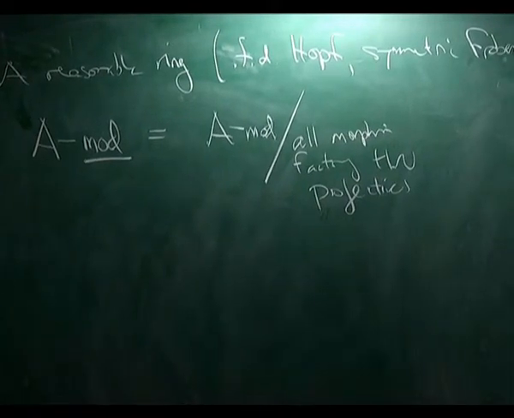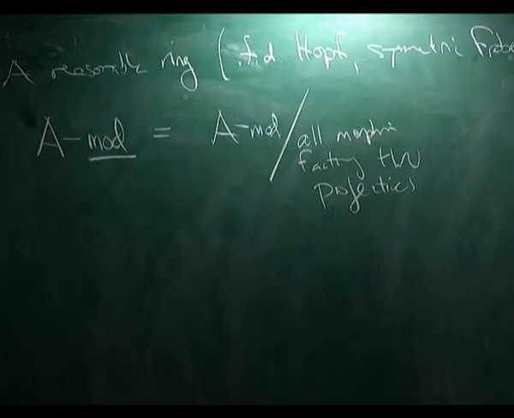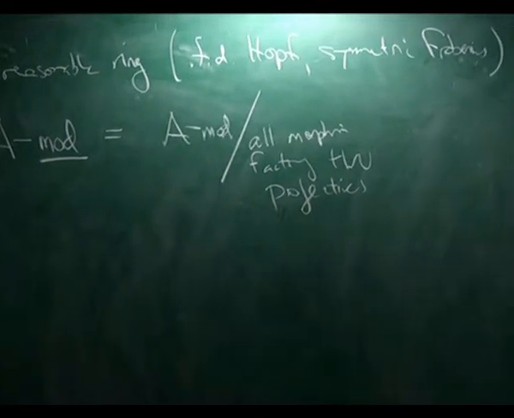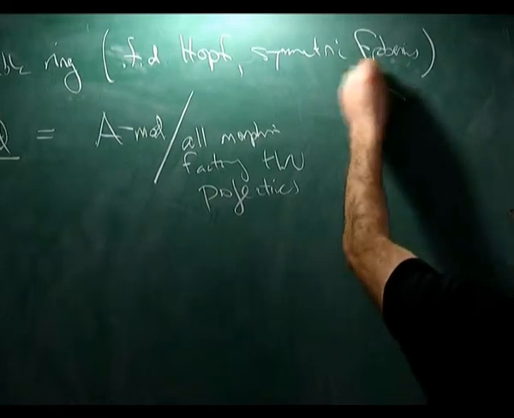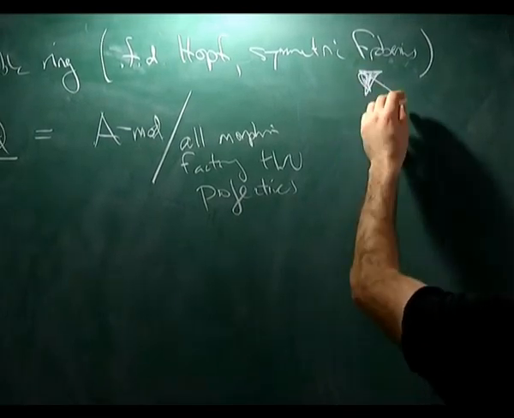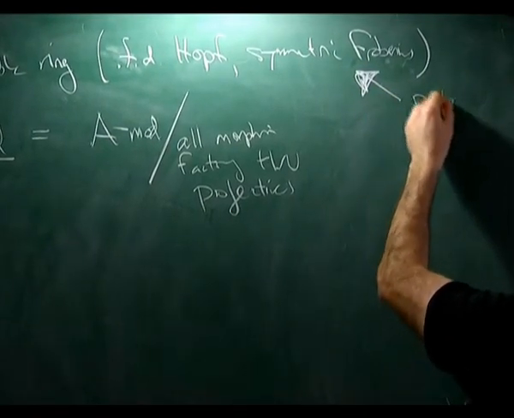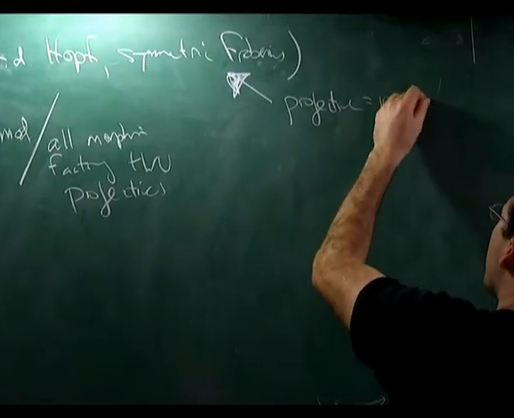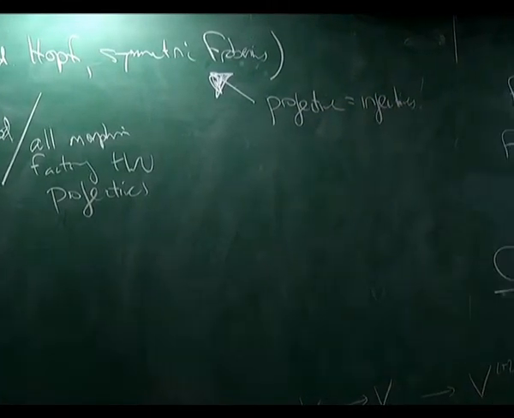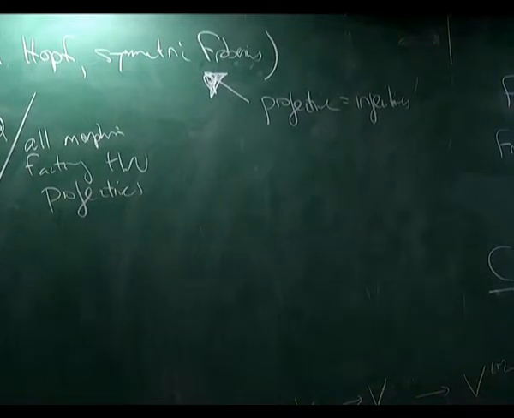This is a weird thing. Why would this work? One of the reasons that this setup is nice is that whenever you have an algebra of this form, projectives and injectives are the same thing. All projectives are injective and vice versa. And this is going to help a little, and you'll see why in a sec.